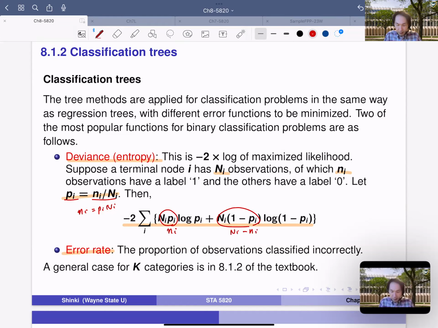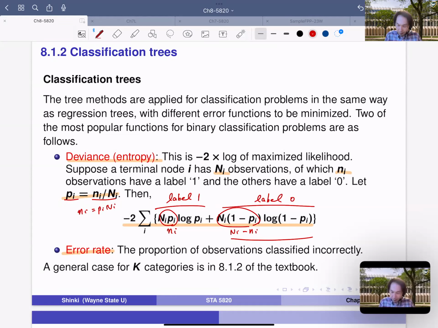Then you can see that this is the log likelihood function of that node. We have ni observations categorized as 1, right? So that likelihood is pi to the power ni, where pi is the probability to be 1. And the likelihood for the other Ni minus ni observations: this is label 1 observations, and this is label 0 observations.